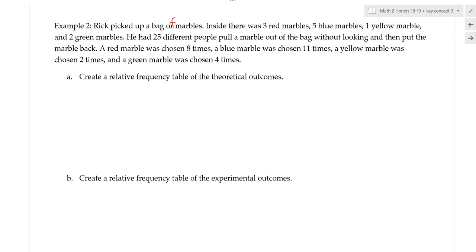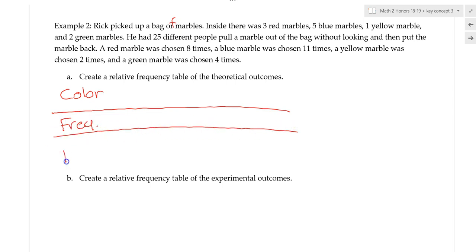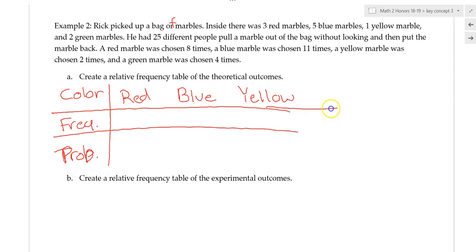Okay? So, starting with our theoretical probability, what could I pull from the bag? I can pull a red marble, a blue marble, a yellow marble, or a green marble.